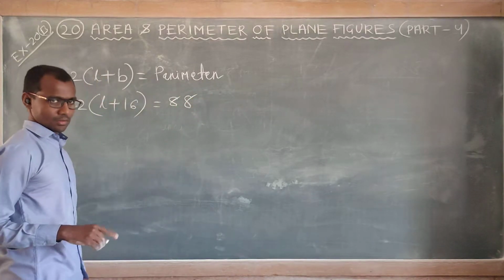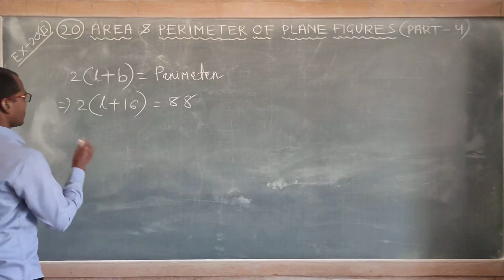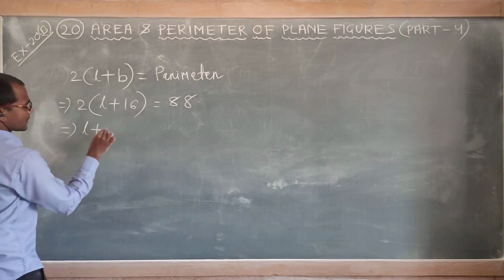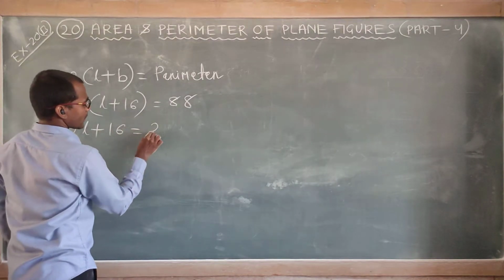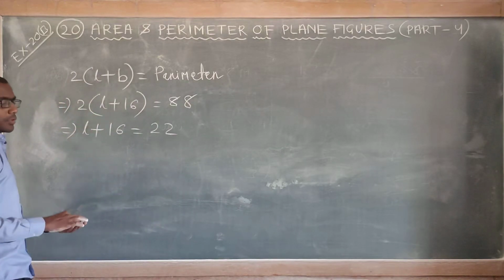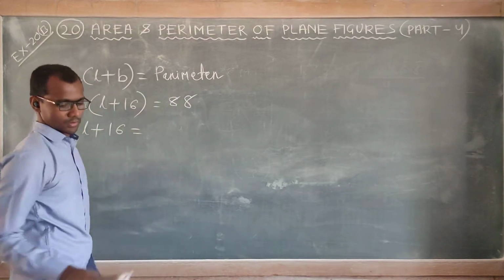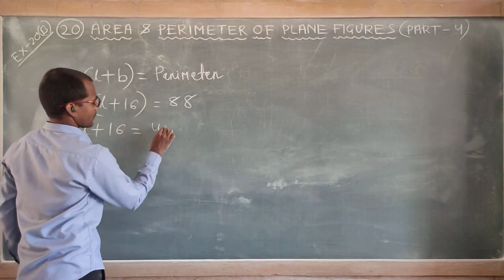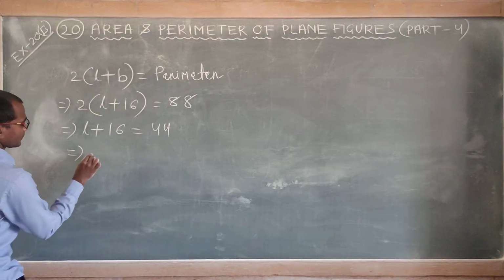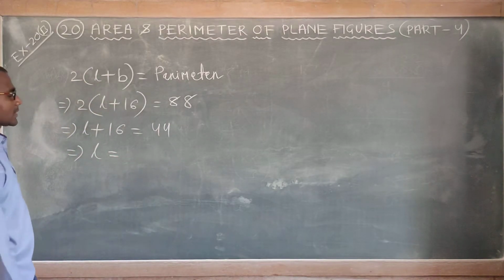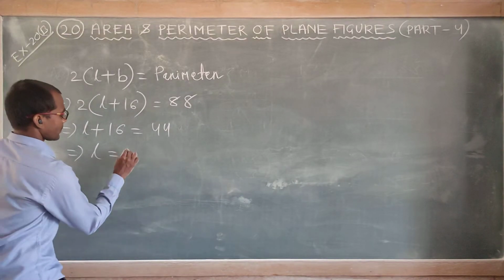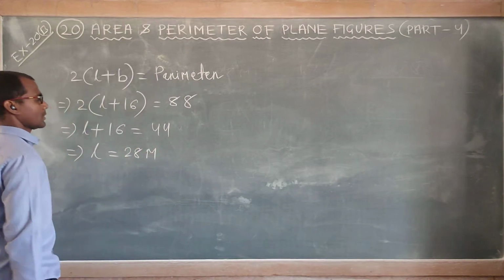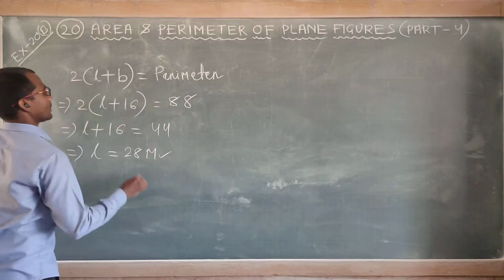Perimeter is 88. Length of wire will not change. So L plus 16 is 44. Okay. L is equal to 44 minus 16, which is 28 meter. Okay. So this is the length and this is the breadth.